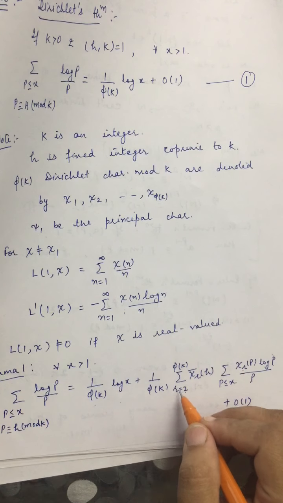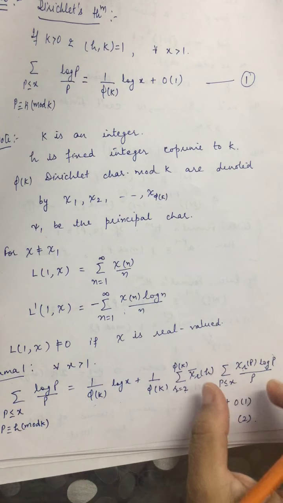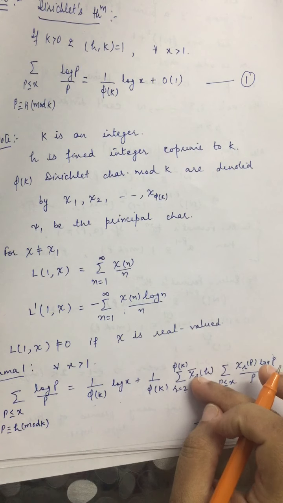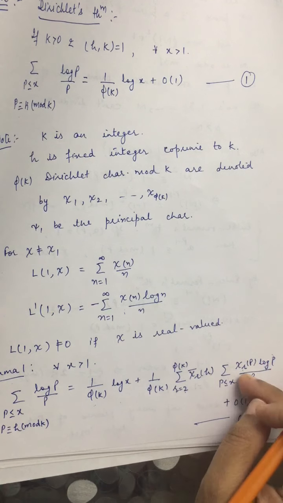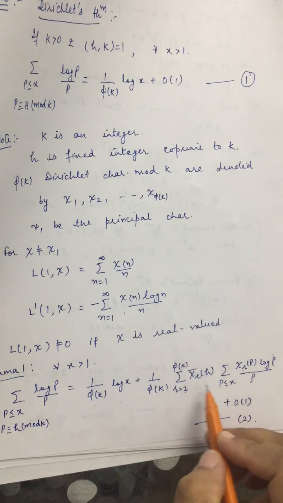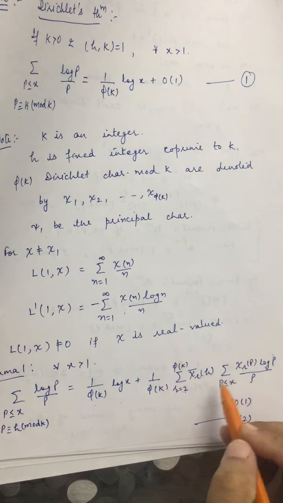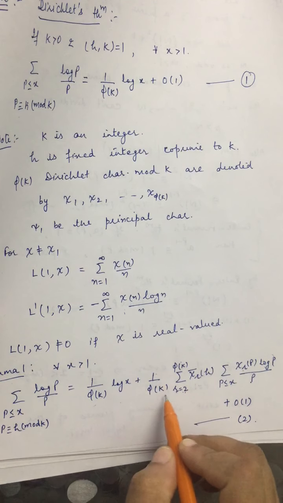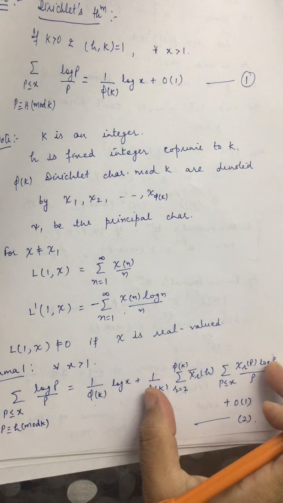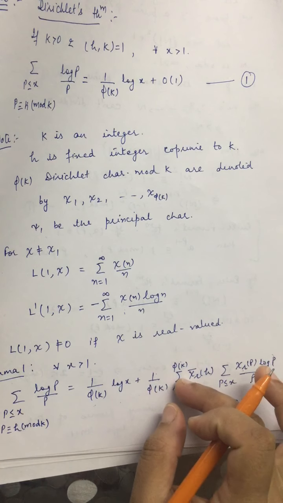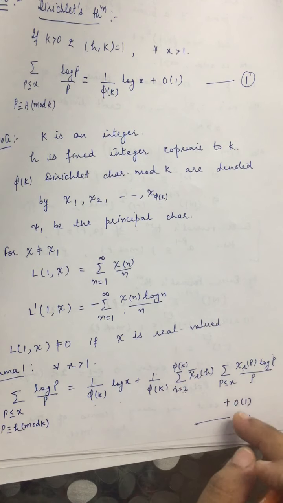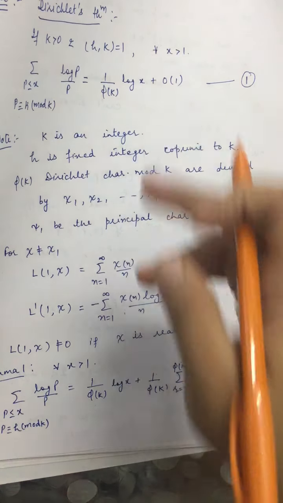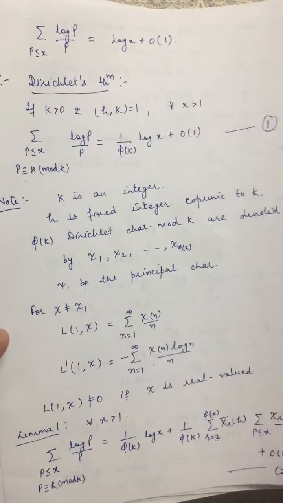So this summation r varying from 2 to phi k is a sum of numbers less than or equal to 1 times order of 1, that is just a constant. So this is a finite sum of constants, that means again a constant. 1 upon phi k into a constant, again the whole term becomes a constant, so it can be included in this order of 1 term. So this lemma will prove the theorem.